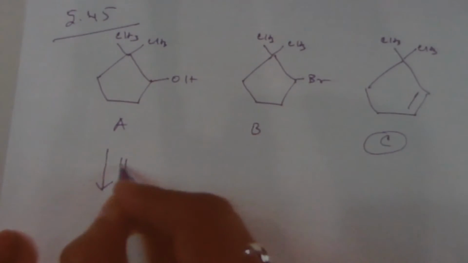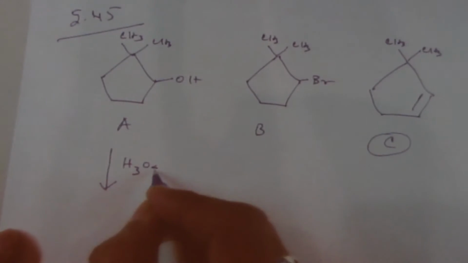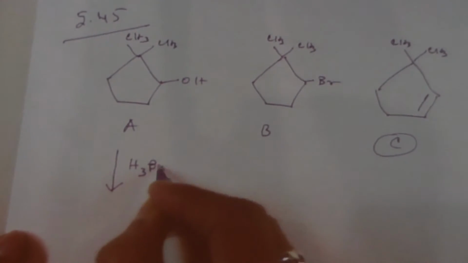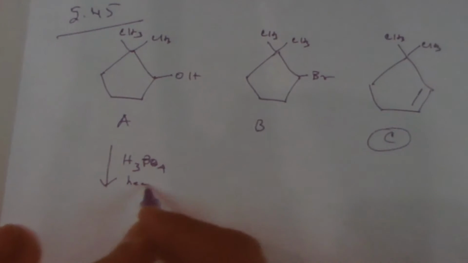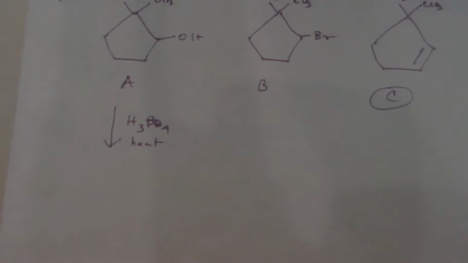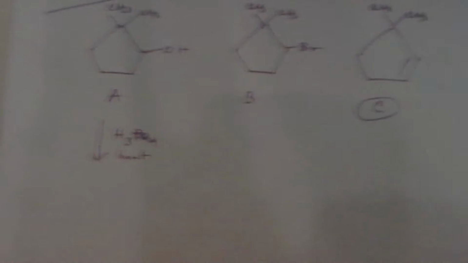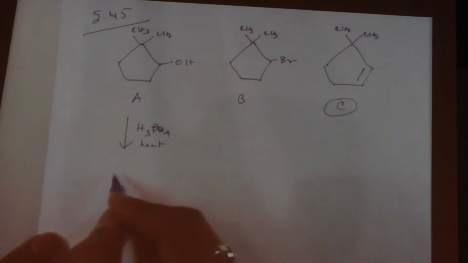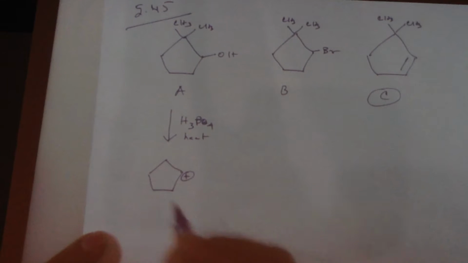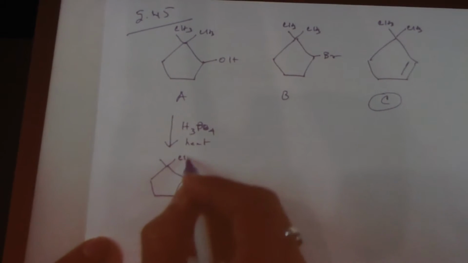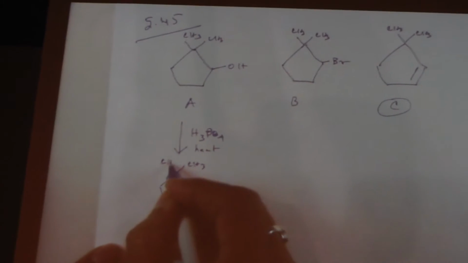Use, let's say, phosphoric acid, H3PO4, or sulfuric acid, and heat. And the practical problem of this approach is that you are making a carbocation. This would be the first product that is generated. And your expectation is this will generate this.